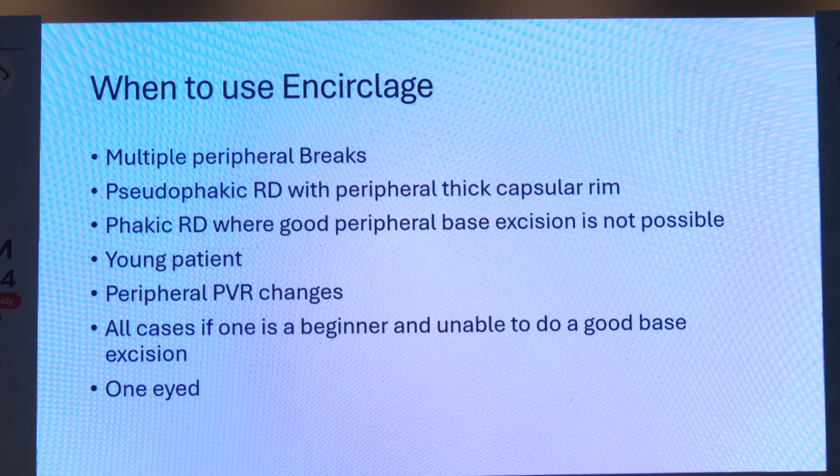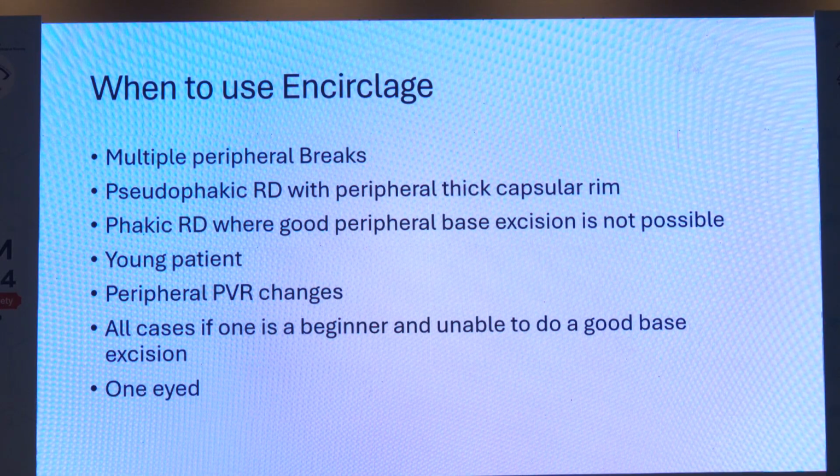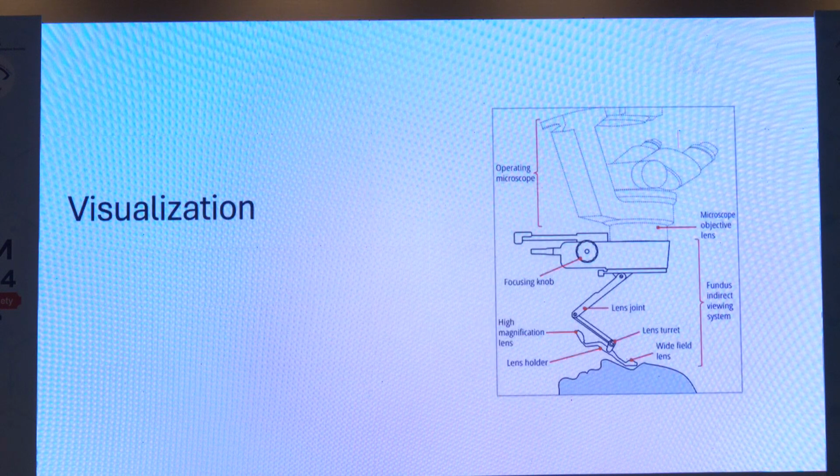Again, multiple breaks, pseudophakic RD with peripheral thick capsular rim, phakic RD where base excision is not so much possible. If it's a young patient, again PVR changes, PVD cannot be induced till the periphery. Then peripheral PVR changes. So all this needs a support. One-eyed patient, even if you are very experienced, please put a buckle so that the base is supported and you have double chances of the retina surviving.